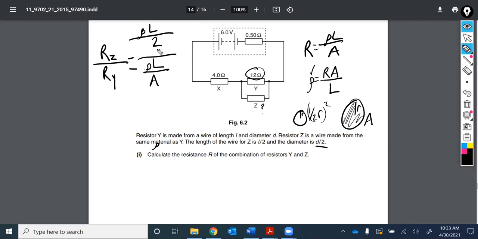It's easy to lose track of these complex fractions. So keep in mind, we're substituting into this denominator, rho L over A. This 2 came from the L over 2. So A here is going to be 1/4 A, but that's the same thing as moving the 4 back up to the numerator.